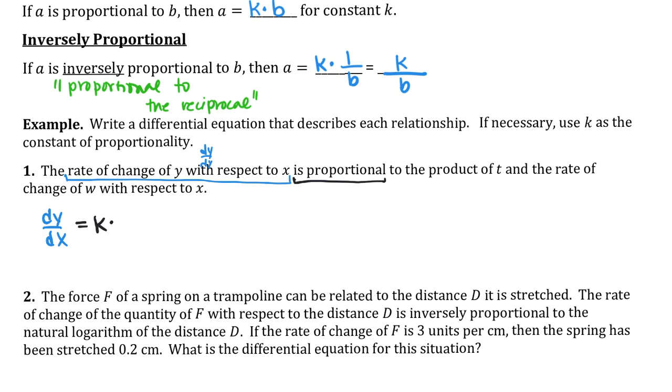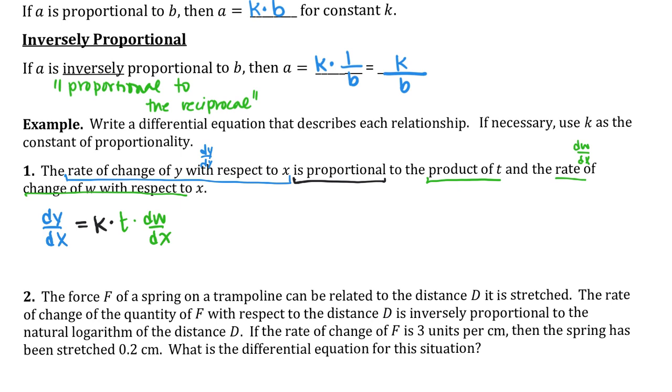What is it proportional to? The product of t and the rate of change of w with respect to x. I heard rate of change again. That means derivative. So I'm saying the derivative of w with respect to x, so dw/dx.